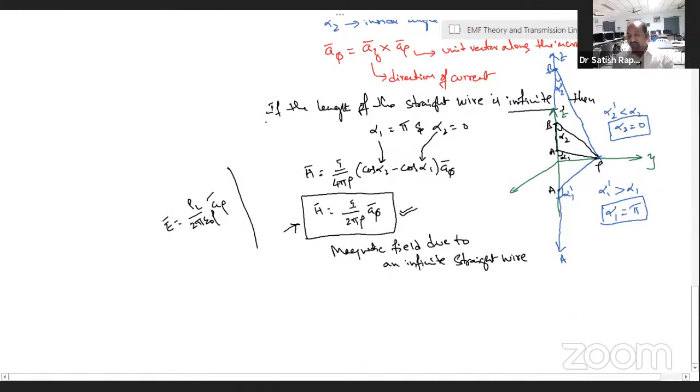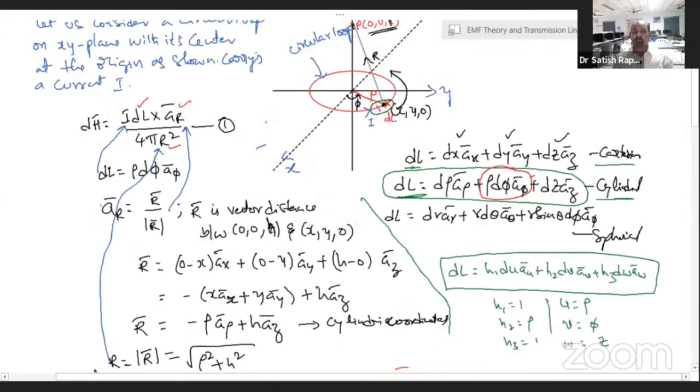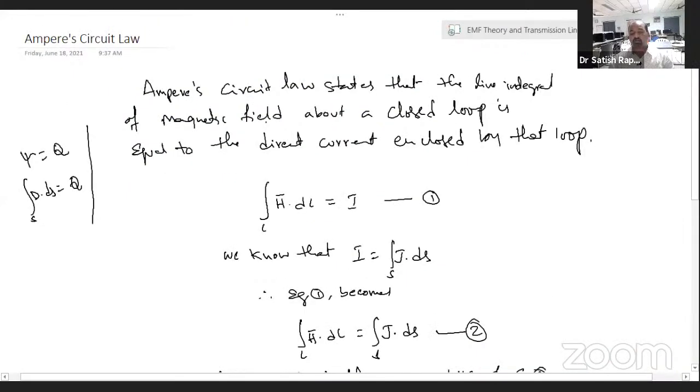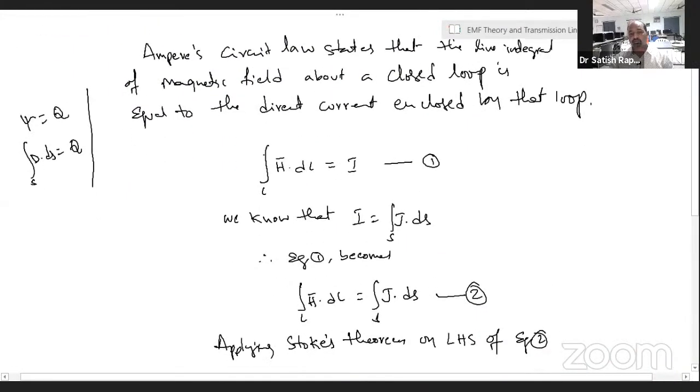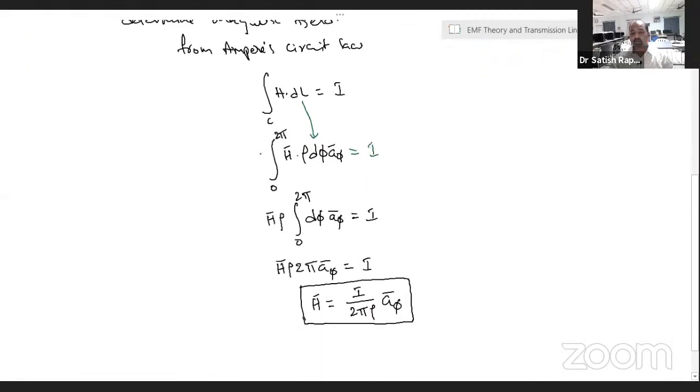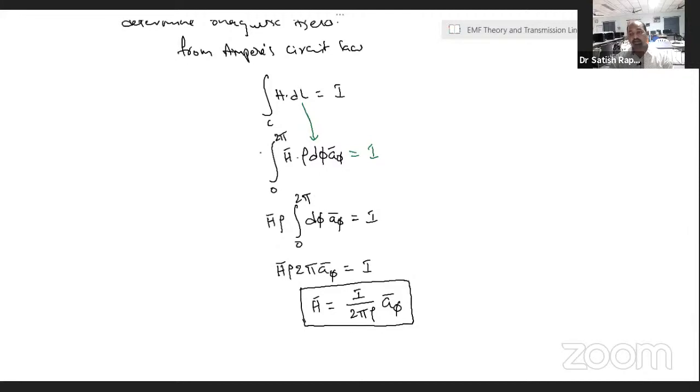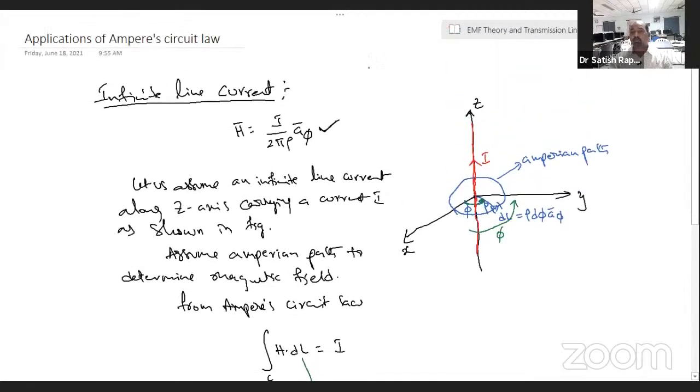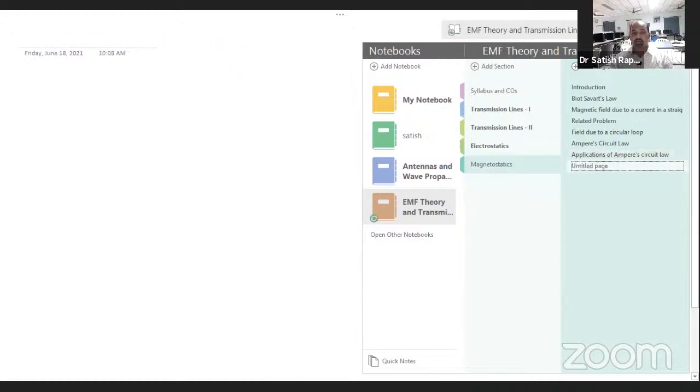Whereas using Ampere's circuital law, it takes not more than 4 to 5 steps. Within 4 or 5 steps, I have obtained the expression for the magnetic field due to a long straight wire. So that is about applications of Ampere's circuital law.